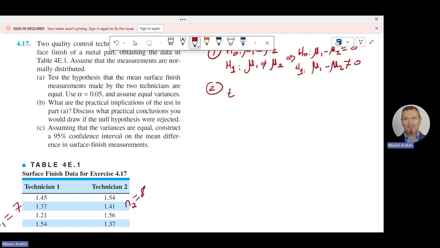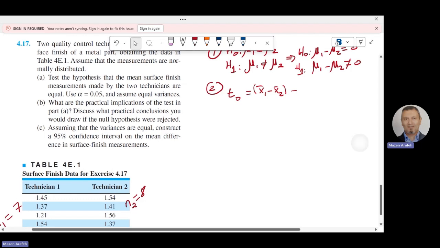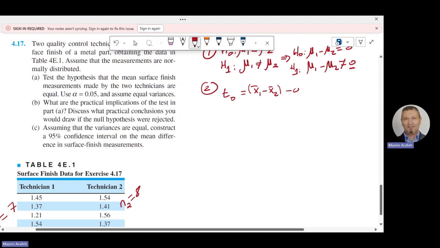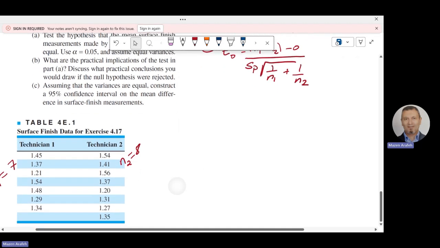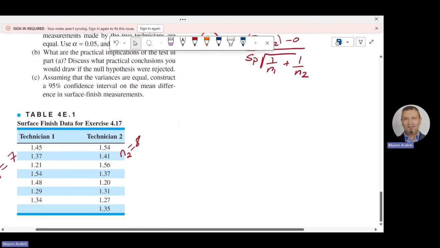So I have here t naught equal to x1 bar minus x2 bar, minus the hypothesized value, which is 0 here, divided by the pooled standard deviation multiplied by the square root of 1 over n1 plus 1 over n2. Now we need to calculate the pooled standard deviation.